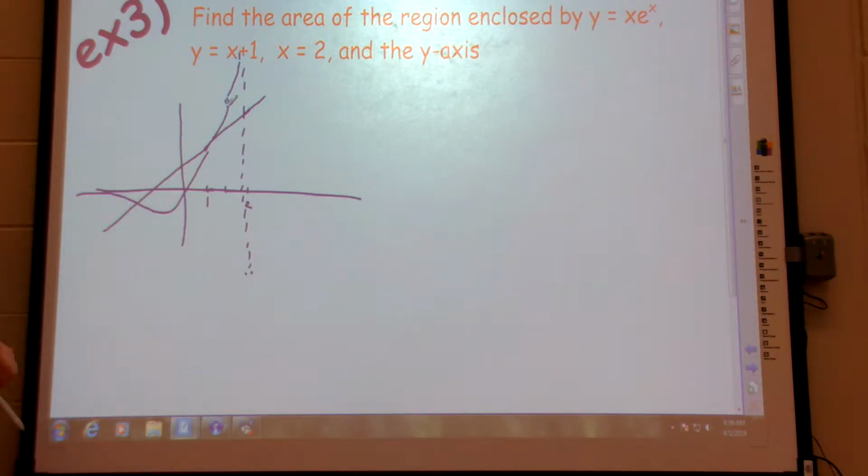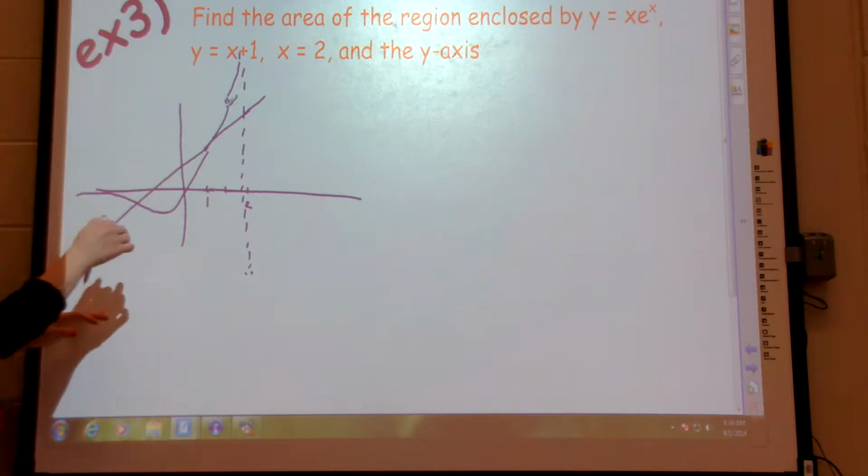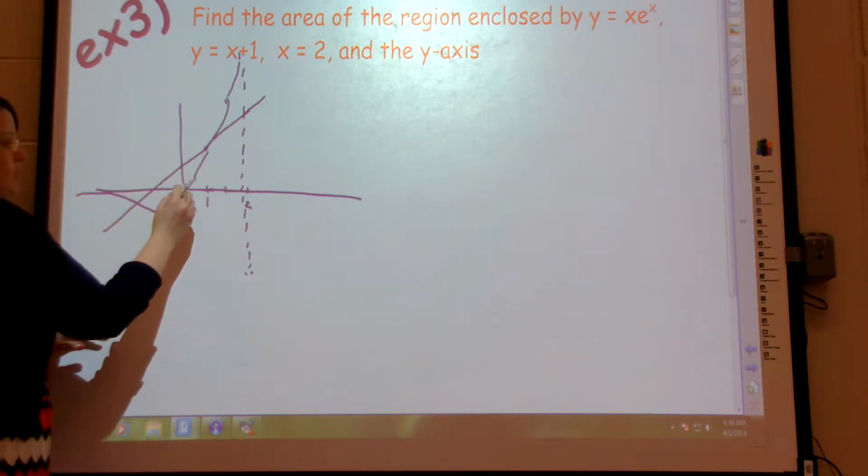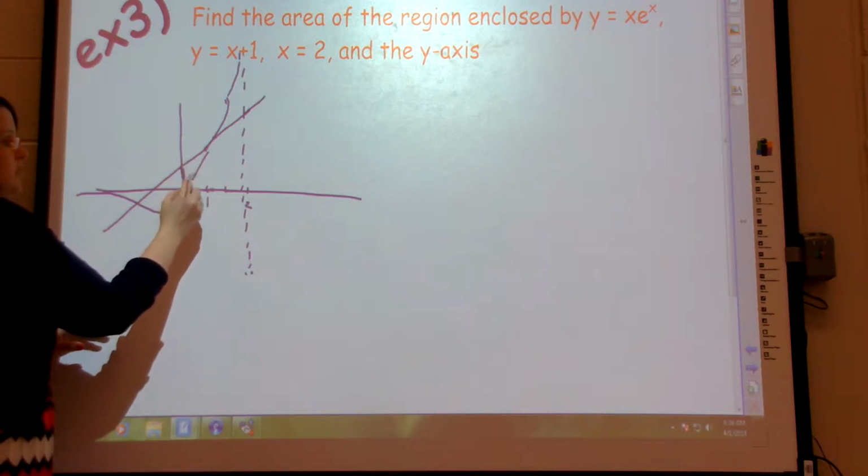Did I write this down right? Well, and the y-axis. Oh, no, I'm good. I'm sorry. In between the 2 curves and the y-axis. Here's the y-axis, right? So in between the curve.